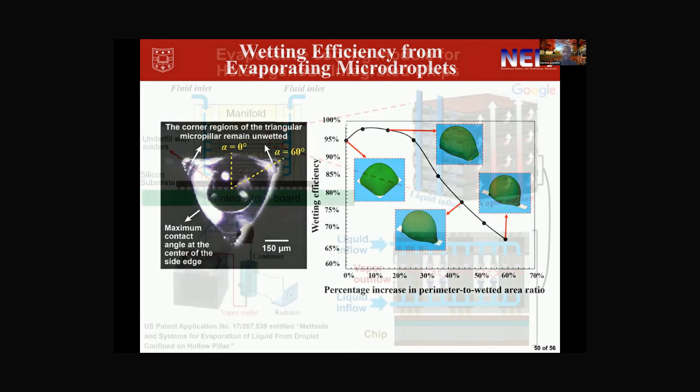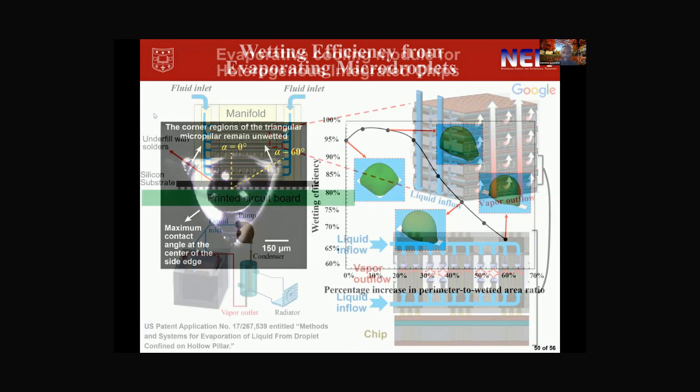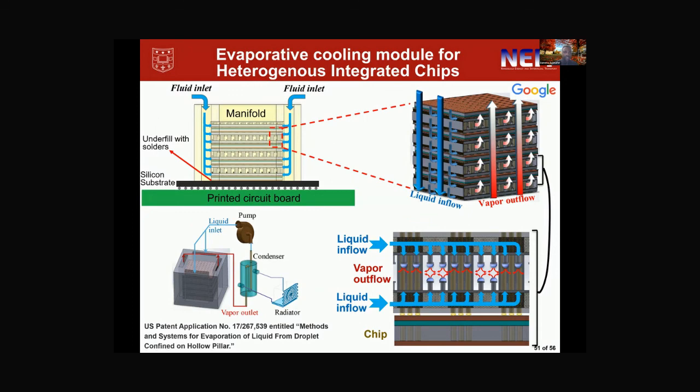Finally, we would like to integrate this evaporative cooling module using co-design for heterogeneous integrated chips. We envision integrating our hollow micropillar structures with heterogeneous integrated chips, and here we see through silicon vias and these hollow micropillar structures that are bonded here.